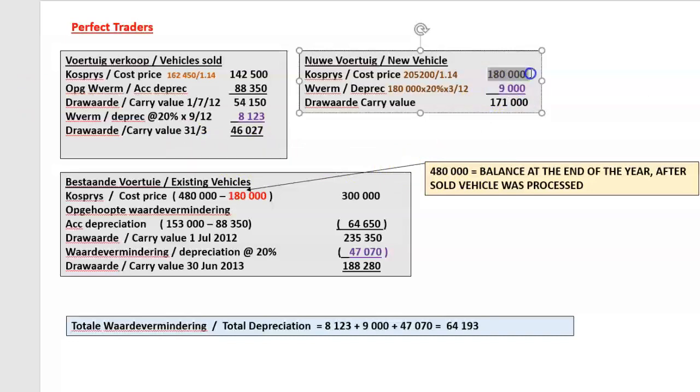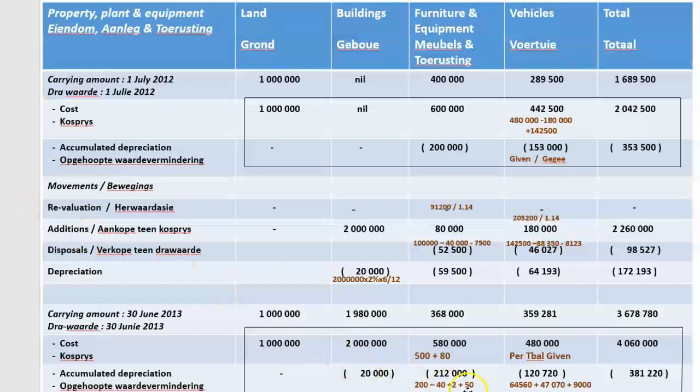The cost price is 180,000, existing vehicles was 300,000, that's 480,000. Accumulated depreciation would have been the 64,650, the 47,070 plus the 9,000. That would have made up our total accumulated depreciation of 120,720. The difference between the two gives me the carrying value of 359,281.